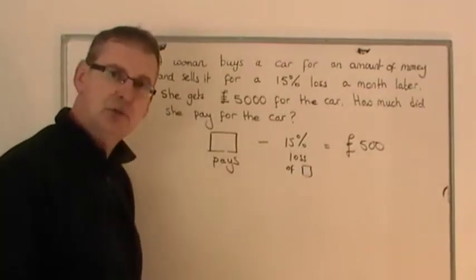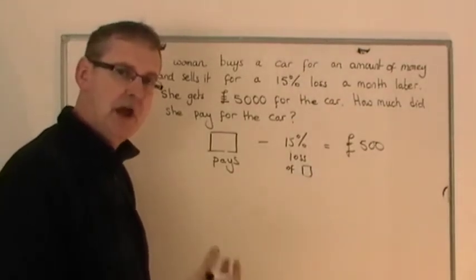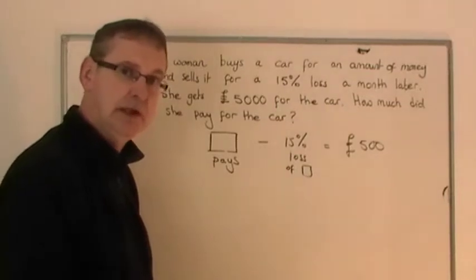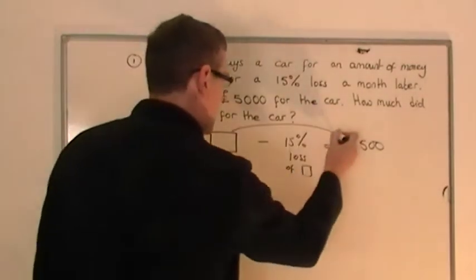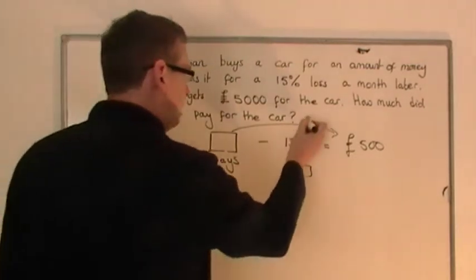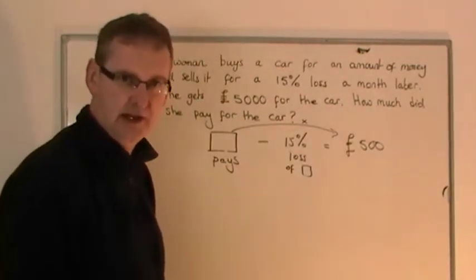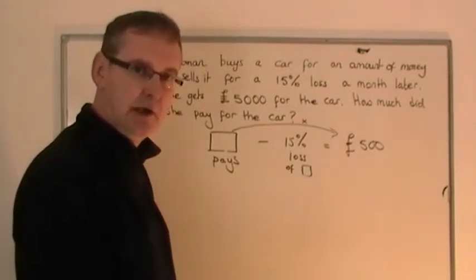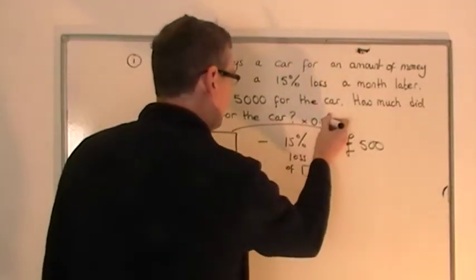Going back to a previous video, if you want to work out very quickly in one step what a 15% loss or a 15% decrease will be for an amount of money, you simply multiply it by, and if you remember, it's not going to be 1.15 because that would be a 15% increase. A 15% loss or a 15% decrease would be times by 0.85.